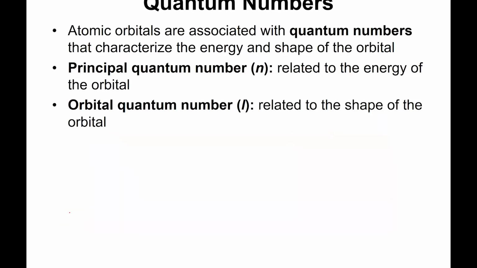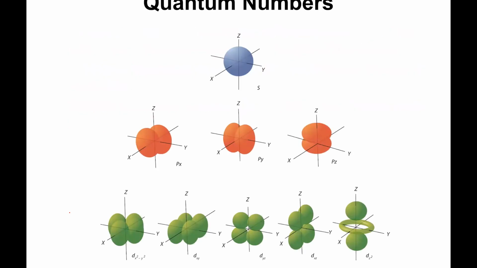The next way we characterize the orbitals is based on the orbital quantum number, and this is related to the shape of the orbital. So as we go up in the principal quantum number, we also start making different shapes, different density areas.